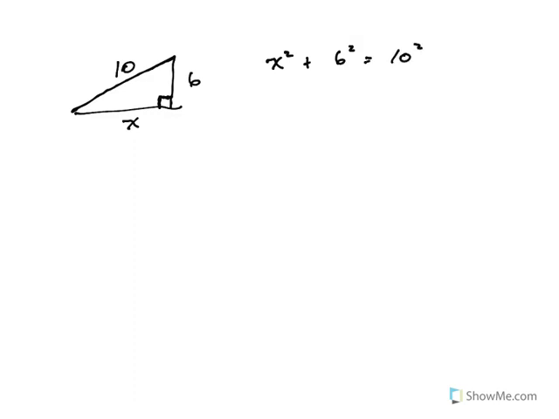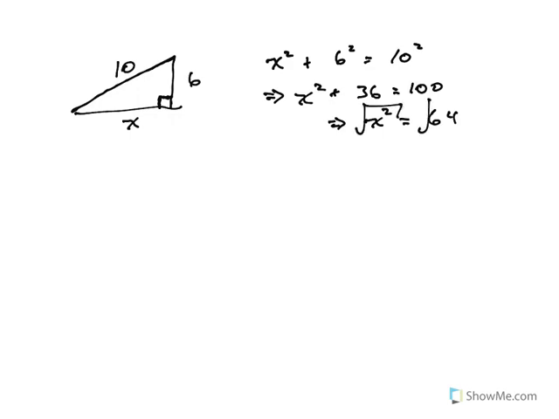Remember, the hypotenuse is on one side, and the other 2 smaller lengths are always on the other side. All right, so we have x squared plus 36 is equal to 100. I want to get the x by itself, so I'm going to move the 36 over to the right. That becomes 100 minus 36, which is 64.